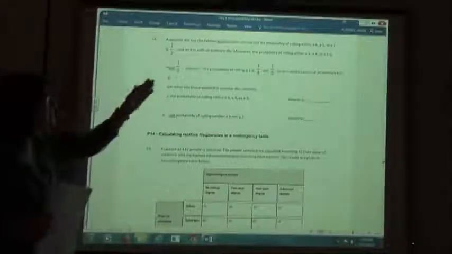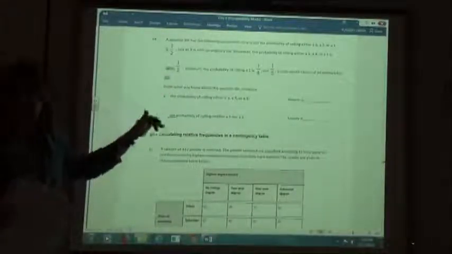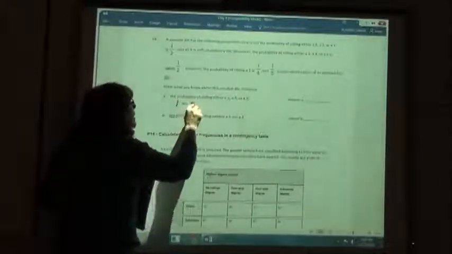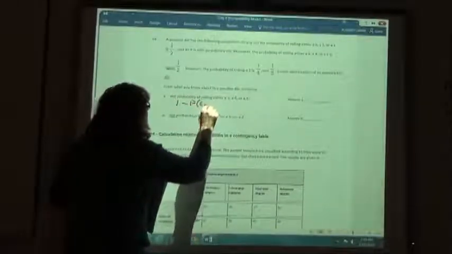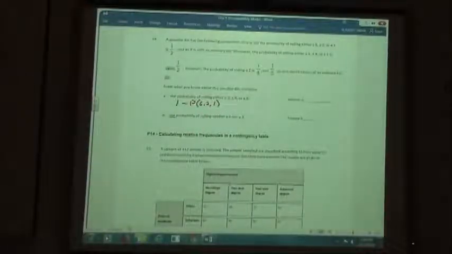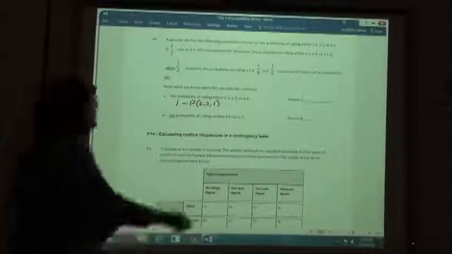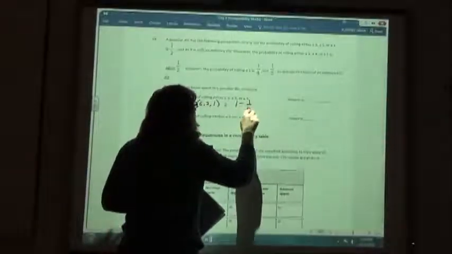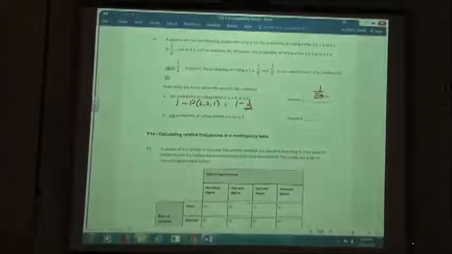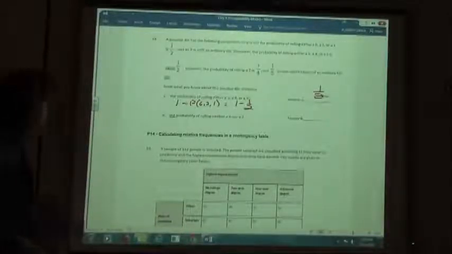If I don't get a 6, 2, or a 1, that means I've got a 3, a 4, or a 5. So I'm going to do 1 minus that probability of getting our 6, 2, or a 1. Well, the probability of getting a 6, 2, or a 1 was 1/2. And so 1 minus 1/2 would give us a 1/2. So if the numbers on my list are exactly opposites of one of those choices up there, I can do 1 minus that. It's not those numbers.